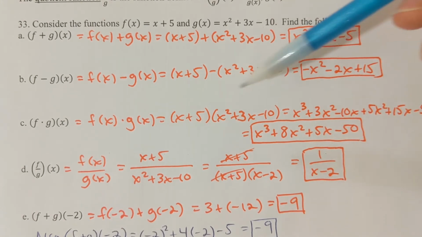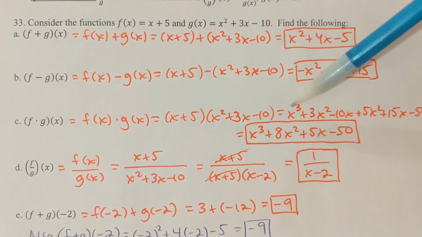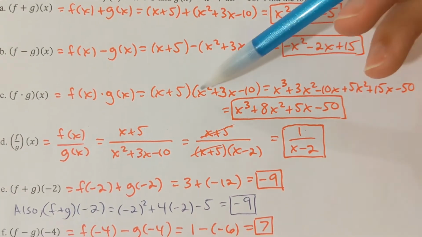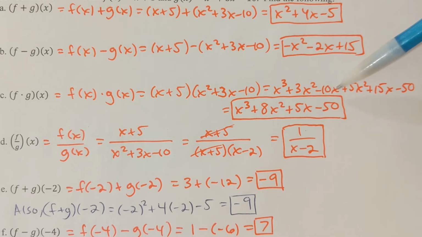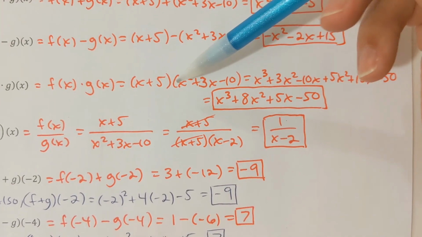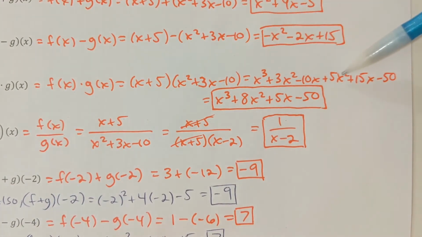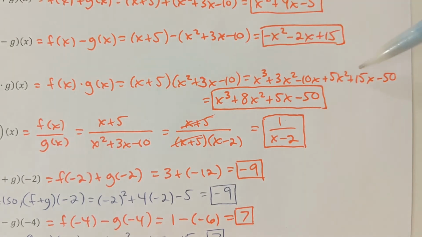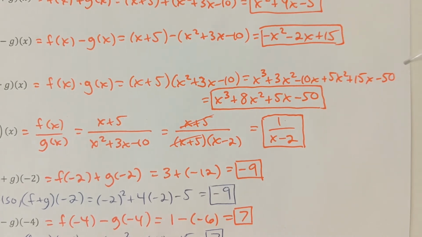So let's do that. X times x squared is x cubed. X times 3x would be 3x squared. X times minus 10 is minus 10x. And then plus 5 times x squared is 5x squared. Plus 5 times 3x is 15x. And then 5 times negative 10 is a minus 50 at the end.